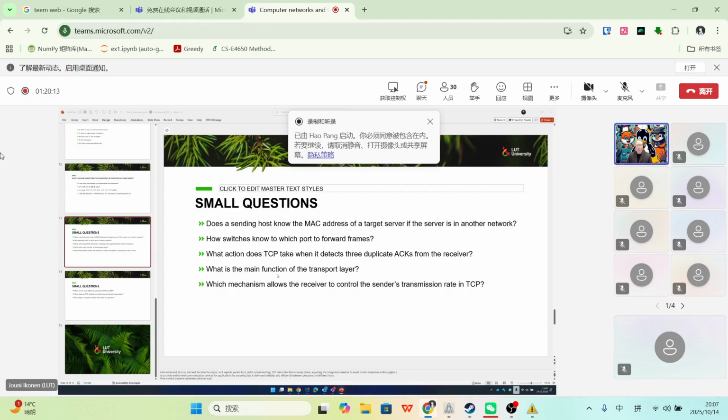Okay, what is the main function of the transport layer? What does transport layer do? It delivers packets from host to host. No, that's the network layer. It does the multiplexing and demultiplexing.